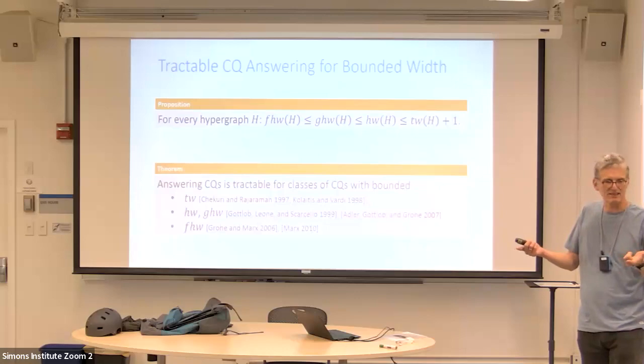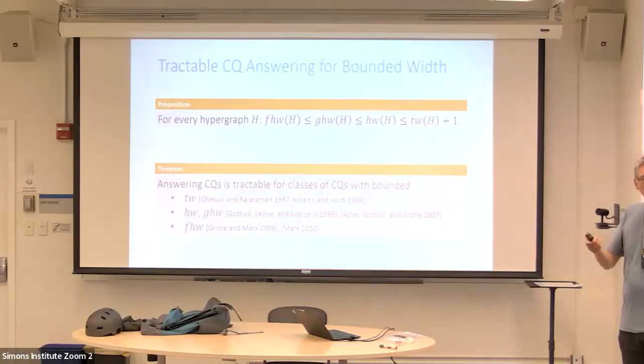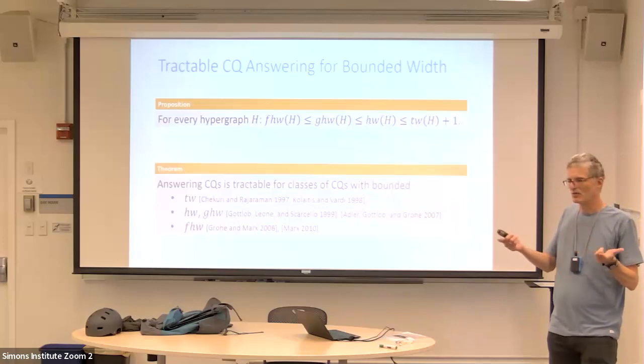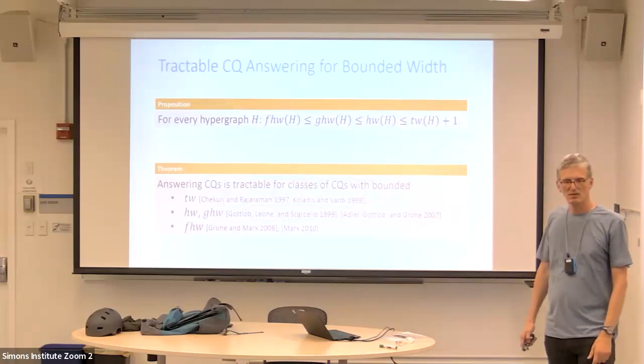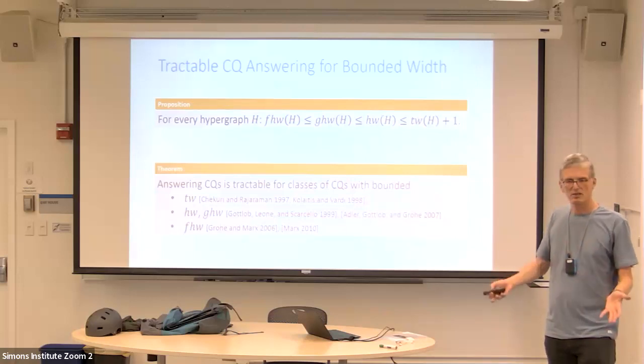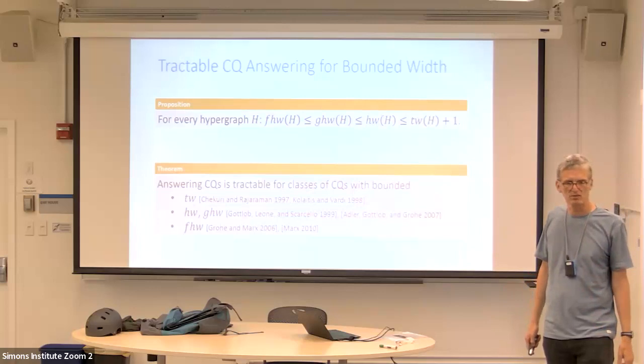Otherwise, it makes no sense; you can easily get rid of such a node. And this means that you have an upper bound: the number of variables in the query gives you an upper bound on the number of nodes in a tree decomposition, in the hypertree decomposition, and everything. You can be sure of that.